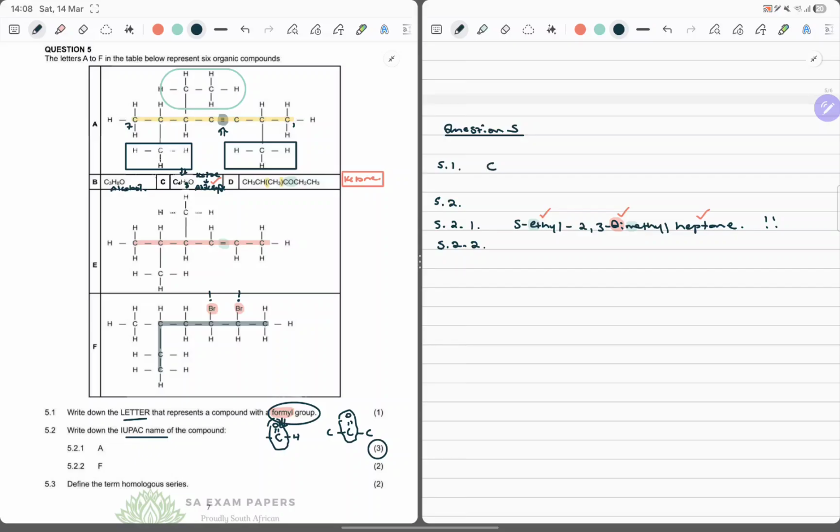But I think for your syllabus, guys, maybe we can say that for your CAPS curriculum, it has been decided that you'll never have more than one alcohol, because we used to have more than one, if I remember well, unless I think of university or so.